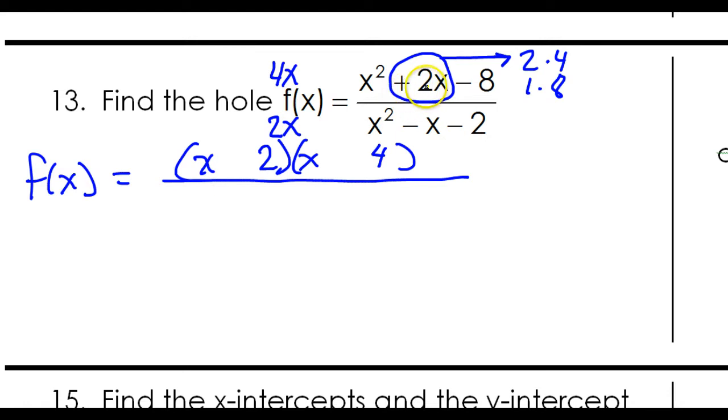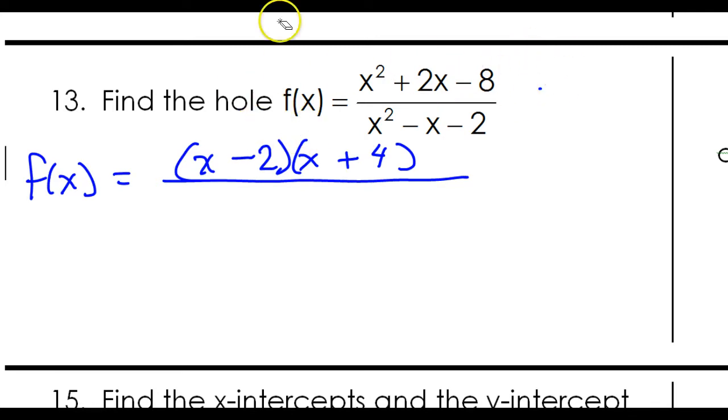So I want to get 2x out of this. If this was positive and this was negative, that would make 2x. So if I need a negative 2x, there you go. If I need a positive 4x, there you go. Also, that gives me negative 8, because negative 2 times positive 4 is negative 8. So fine, I factored it.